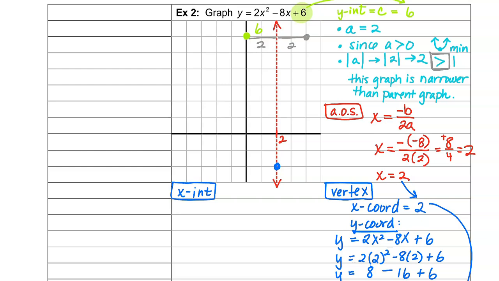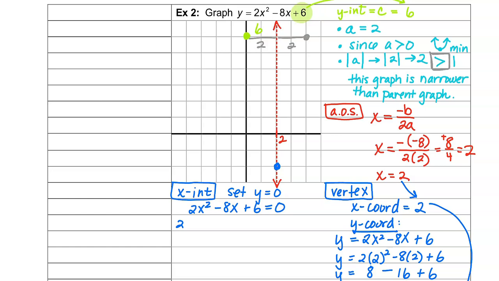To find the x-intercepts, you're going to set y equal to 0. So I'm going to take my equation, 2x squared minus 8x plus 6, and set that equal to 0. I see that I could take a 2 out.